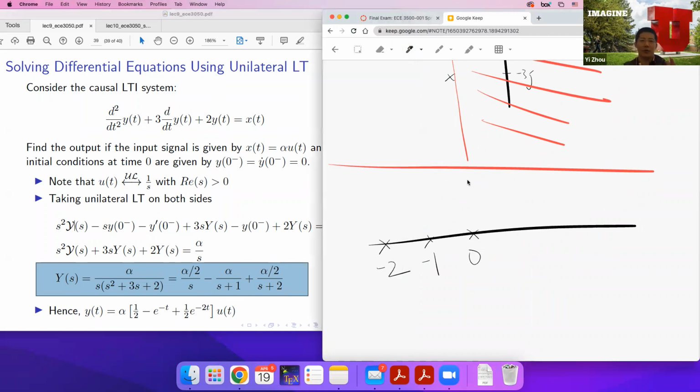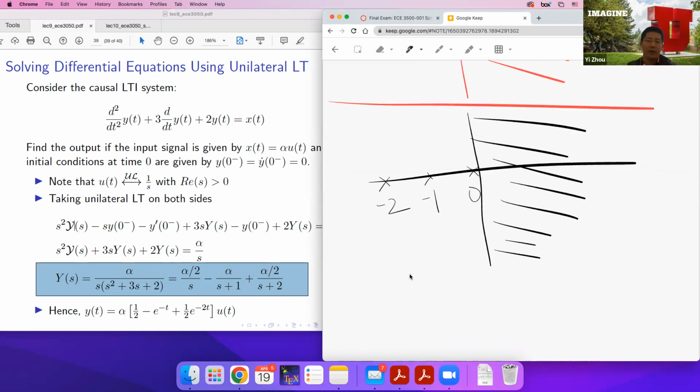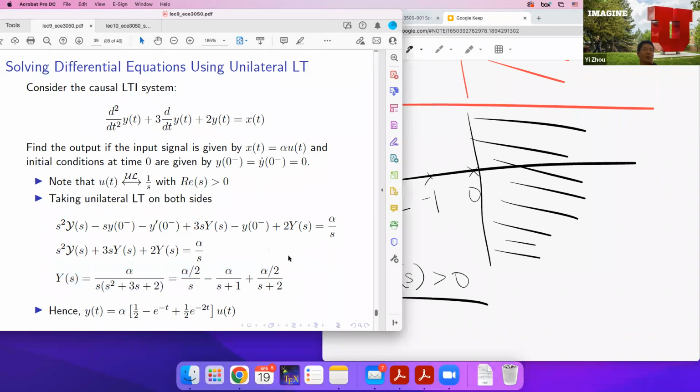So the ROC is clear from the unilateral transform. It is to the right of the rightmost pole. So here the ROC is this one. So basically with the unilateral transform, you can figure out the region of convergence by leveraging this property.